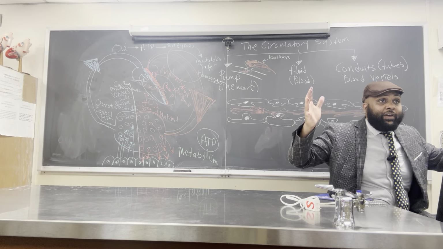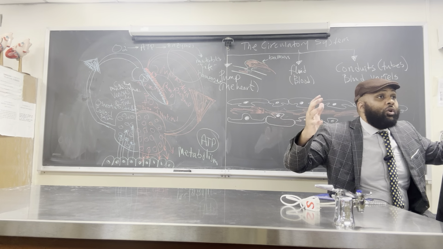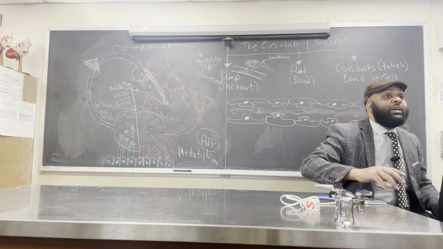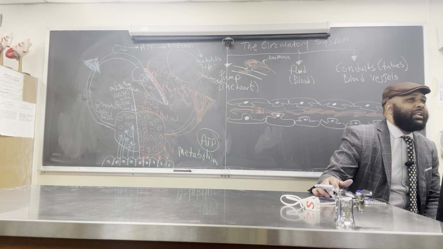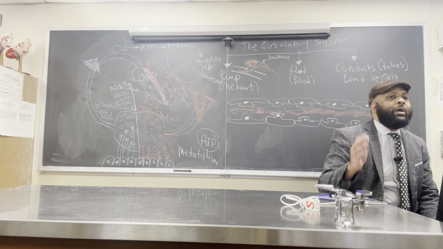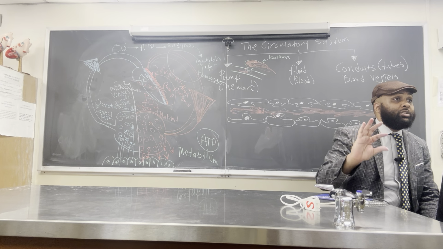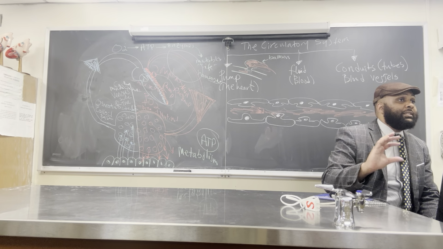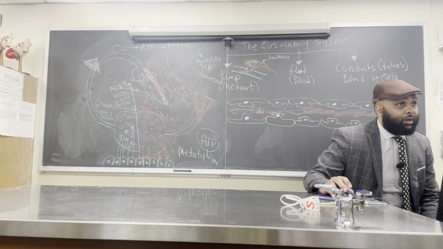So the big blood vessels, the aorta and the pulmonary trunk, those are the big highways. We call them conducting arteries and conducting veins. Is that clear? Then once you're on a highway, does the highway bring you right to your home, or do you need an exit ramp? A smaller little street, something that's smaller than the highway, the exit ramp. So these are called distributing arteries.